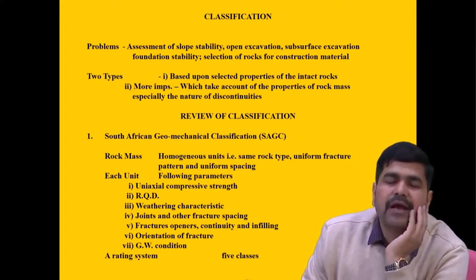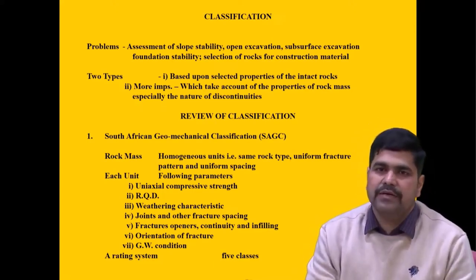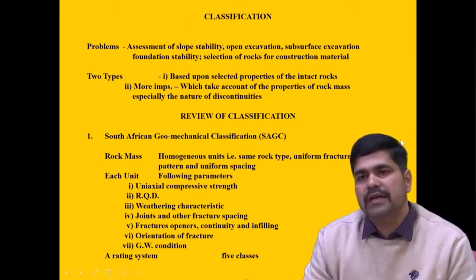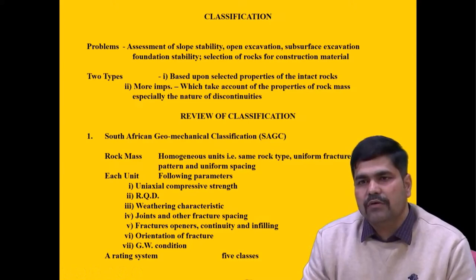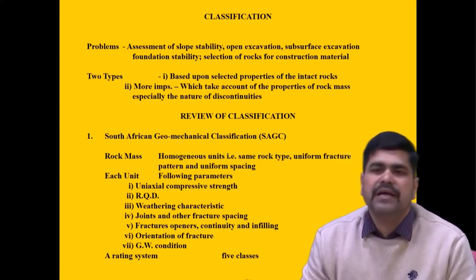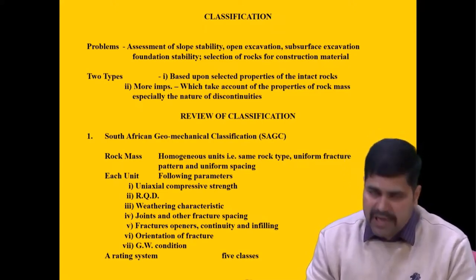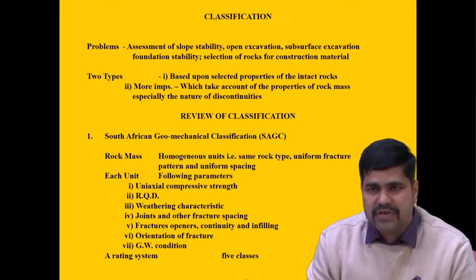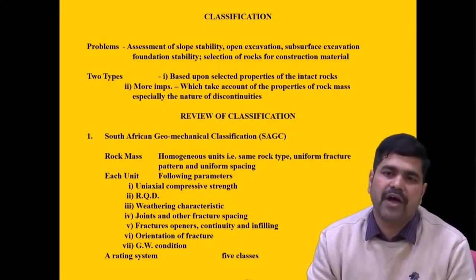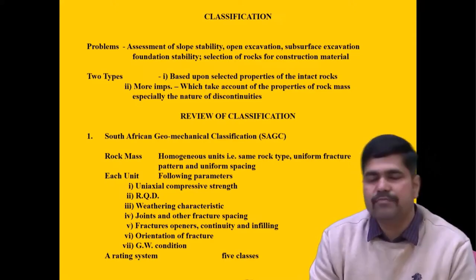From these 7-8 parameters we can get to know how strong a rock is, and whether the rock mass is homogeneous or not, whether there are alternations or a uniform pattern, uniform spacing. Taken all these together, the classification gives rise to different classes, suppose 5 classes in the general sense, ranging from very good to very poor rock.